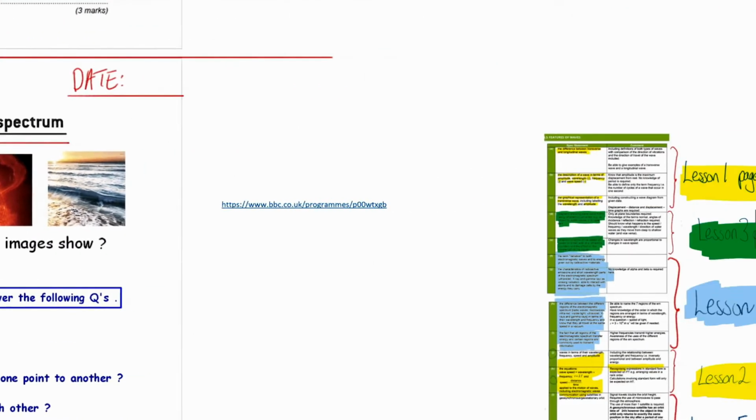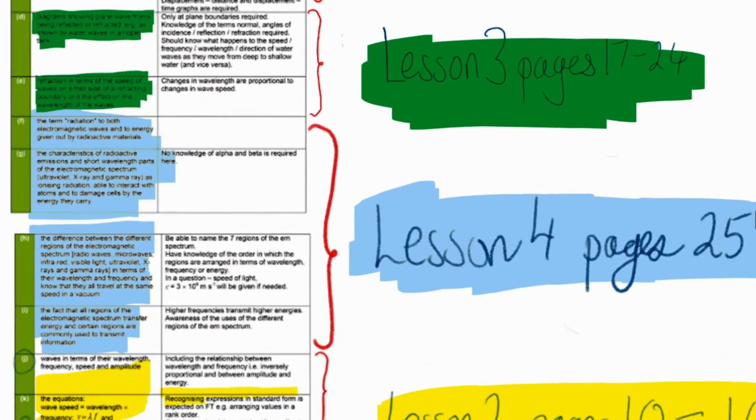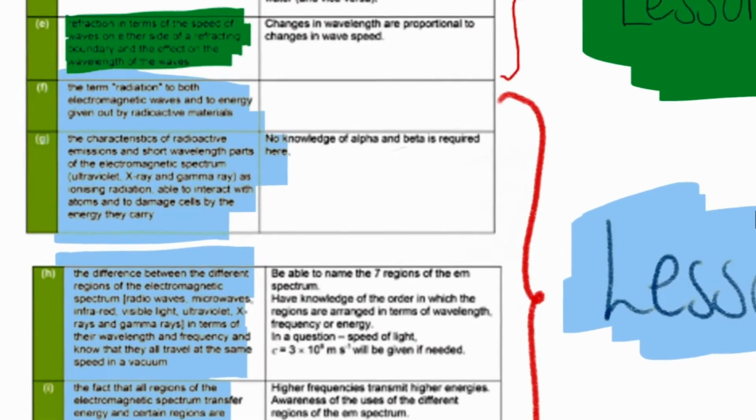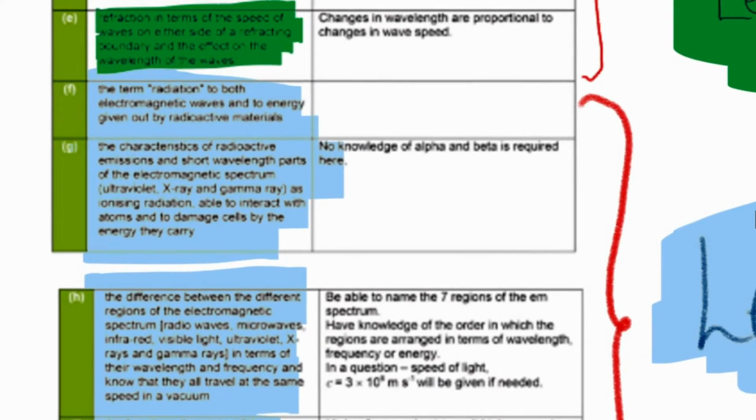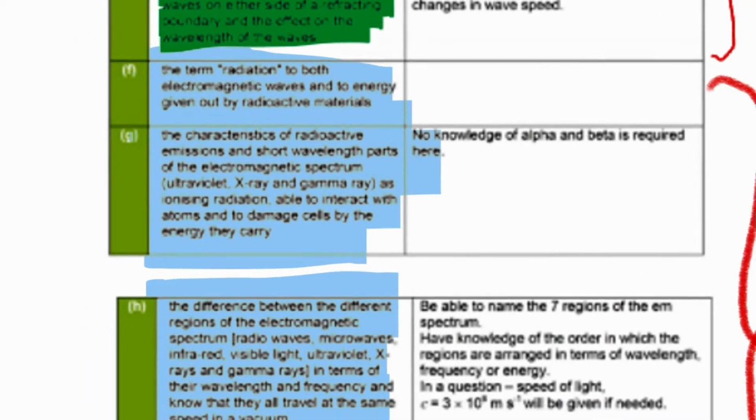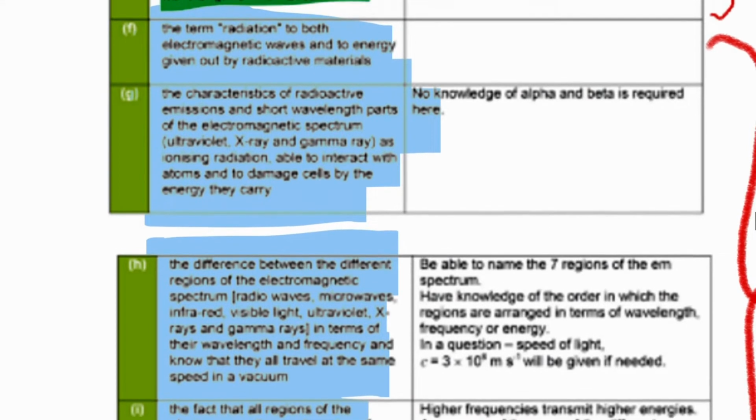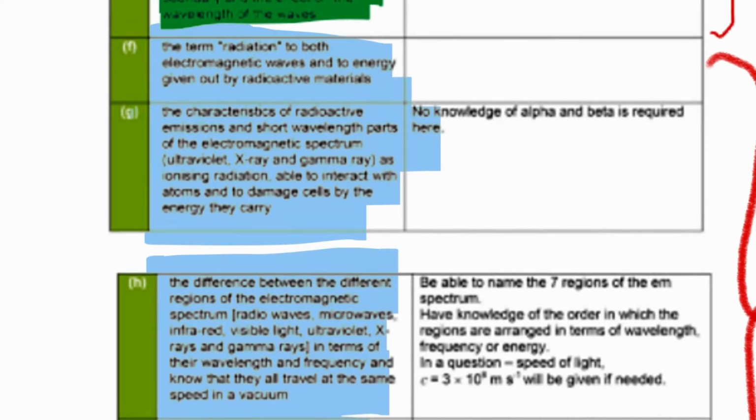Before we begin, let's see where this lesson fits in on the spec. We'll be learning about the term radiation and energy given out by radioactive materials, and the different parts of the electromagnetic spectrum and the relationship between frequency and wavelength on the different parts of the spectrum.